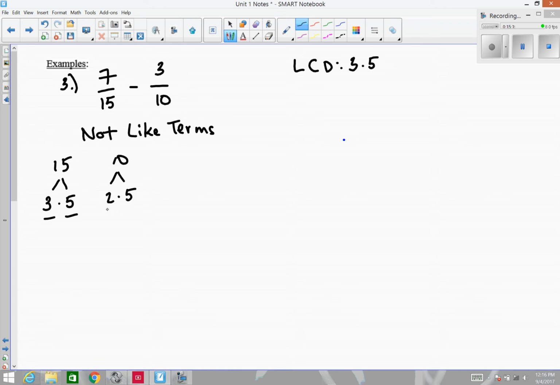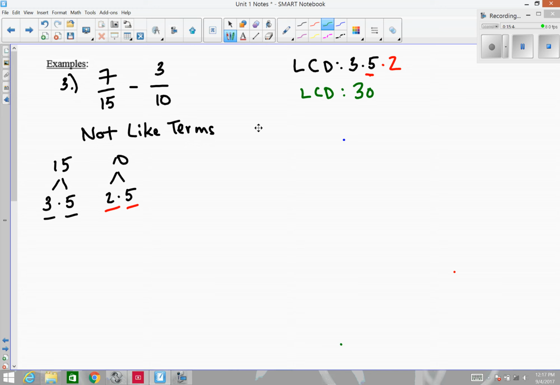Looking at the 10, I'm also going to need a 2, which I don't have, so I'm going to multiply by 2. And I'm going to need a 5, which I already have, so I don't need another one. That gives me an LCD of 3 times 5 times 2, which is 30.